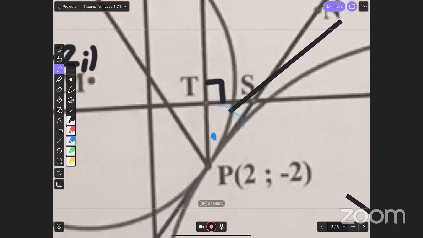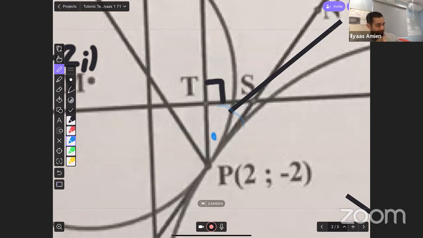Yes, you can actually. Can't you find the gradient of the tangent there and then minus 90? Because I see a small triangle. Yeah, so there's a 90-degree triangle. So if you were to find the gradient, I'm assuming you mean angle of inclination.